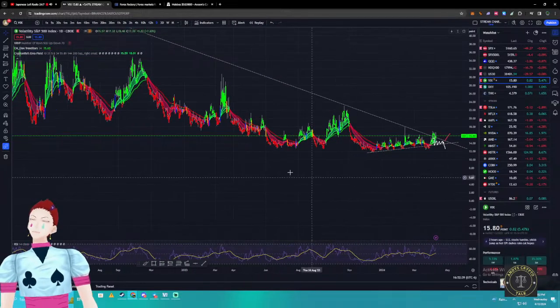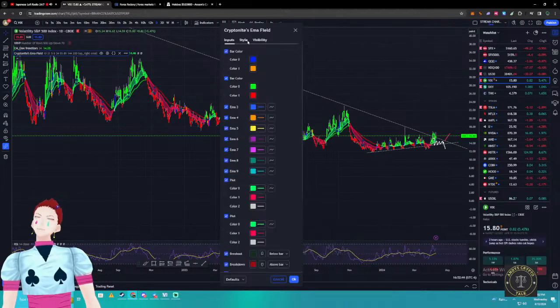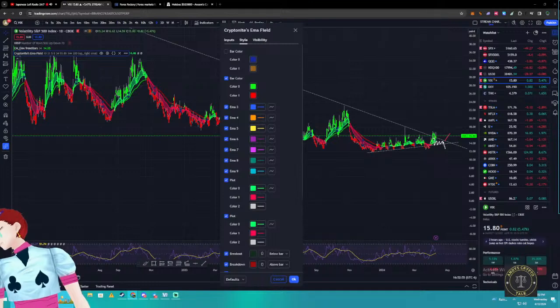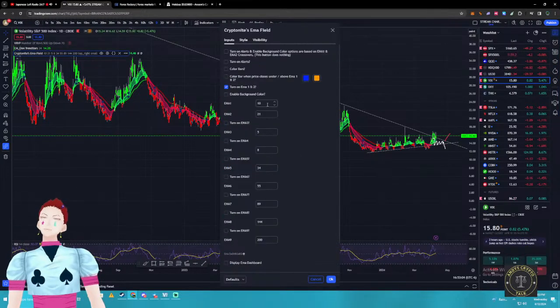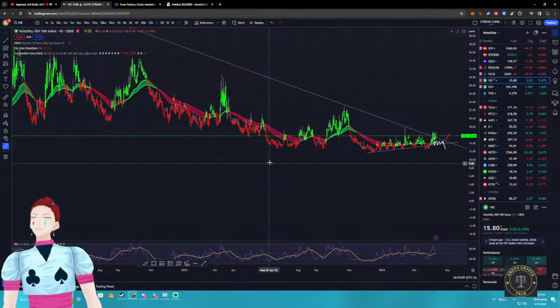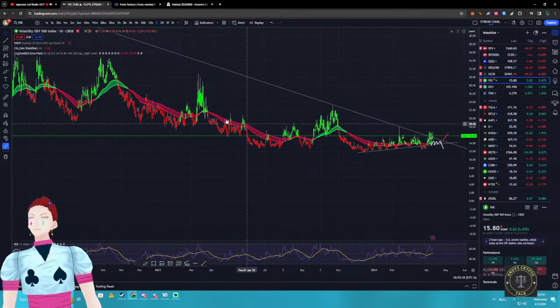See, maybe it'll go away now. No. Style. Oh, there we go. Turn the bar color off. And then I think my inputs are just a little bit different. Hold on. Oh, I've turned off all those. 35 and 60. There we go. See, now it's very similar to my original one.